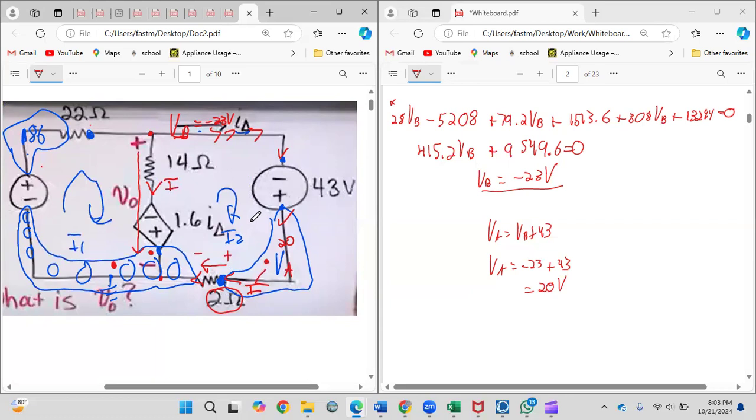You do that for all. If you have a supernode, write your supernode equation, which is just the sum of the voltage in a particular direction inside the node equaling the last node. Then you analyze your dependent sources. And once you do all that, you solve it simultaneously and you get your answer.